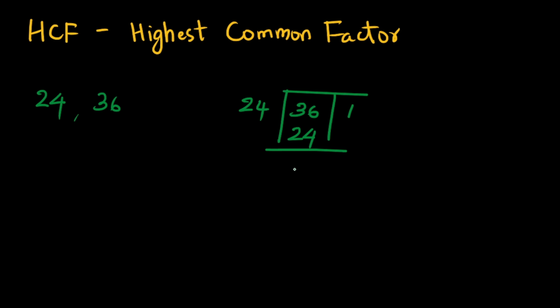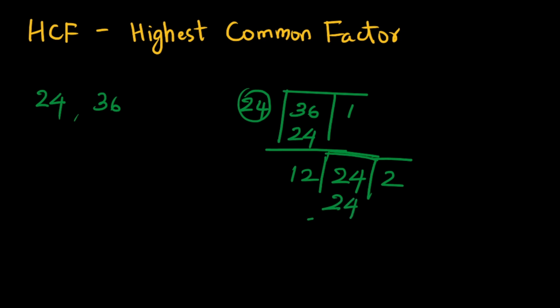So what is the remainder that you get? 36 minus 24. I think you will get 12. Then you will write this divisor in the place of the next dividend, and your remainder 12 will become your next divisor. Again, you'll write the quotient over here. 12 twos are 24, so I've written 24 over here.